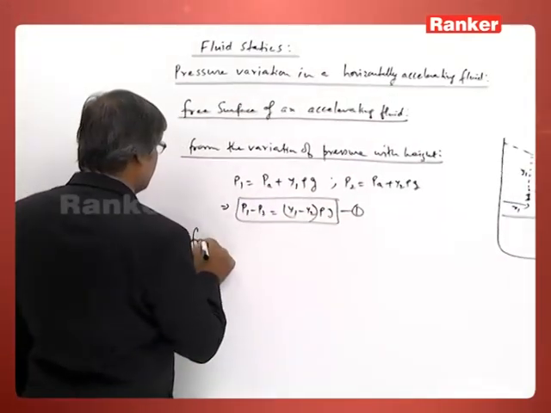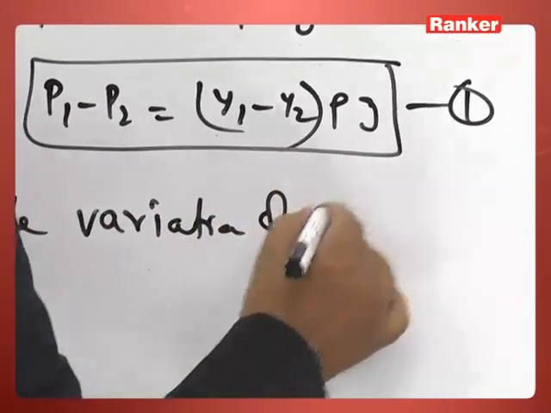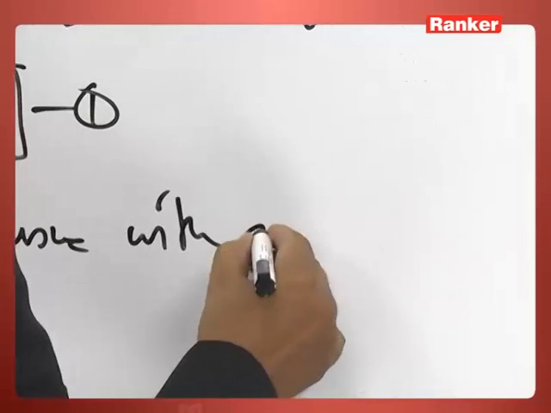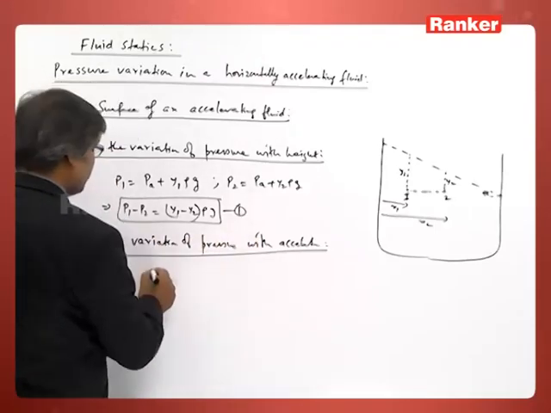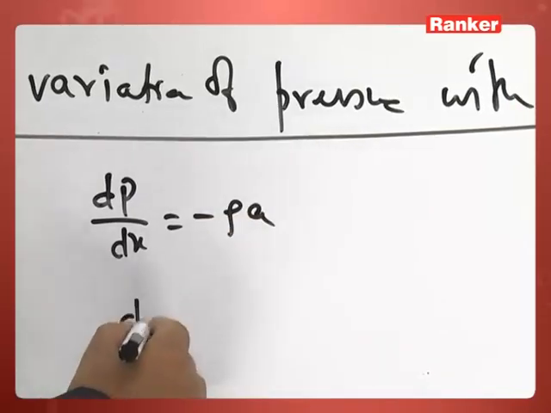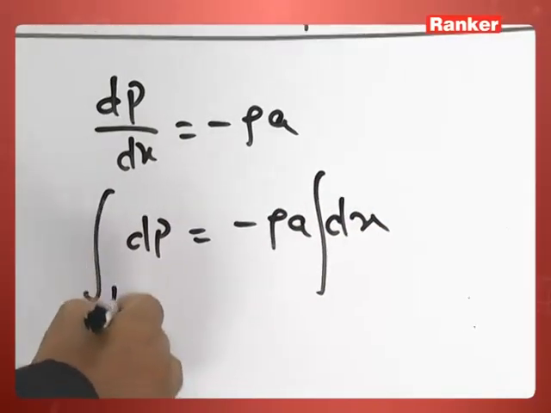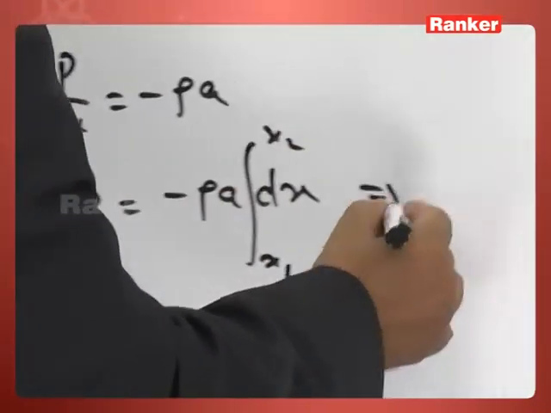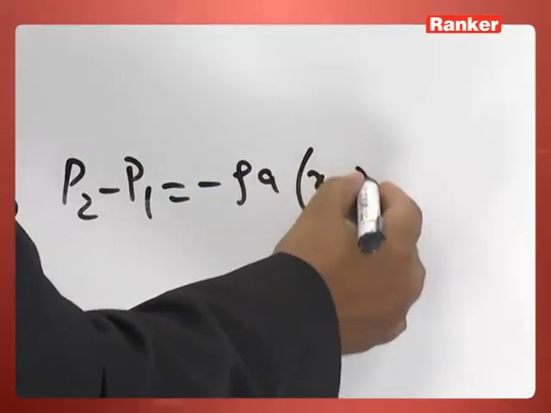Next, from the variation of pressure with acceleration. Since we have the fluid accelerating, we have dP by dx is equal to minus rho a. So, dP is equal to minus rho a dx. So, if I integrate, the pressure is P1 and P2 at 1 and 2, x1 and x2, I will get P2 minus P1 is equal to minus rho a into x2 minus x1.